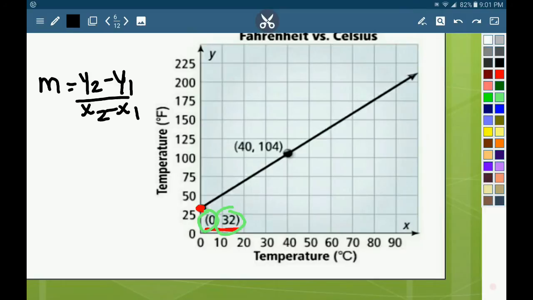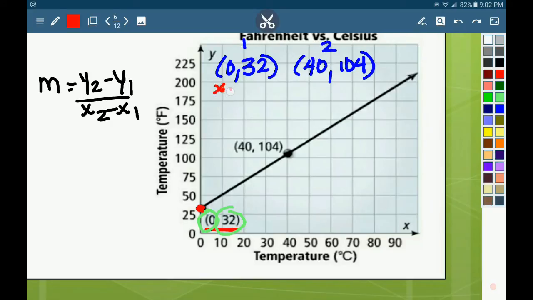So I'm going to take these points that I see and label them. I have (0, 32) and I have (40, 104). So this is my first point, this is my second point. I'm going to label x1, y1, x2, and y2.